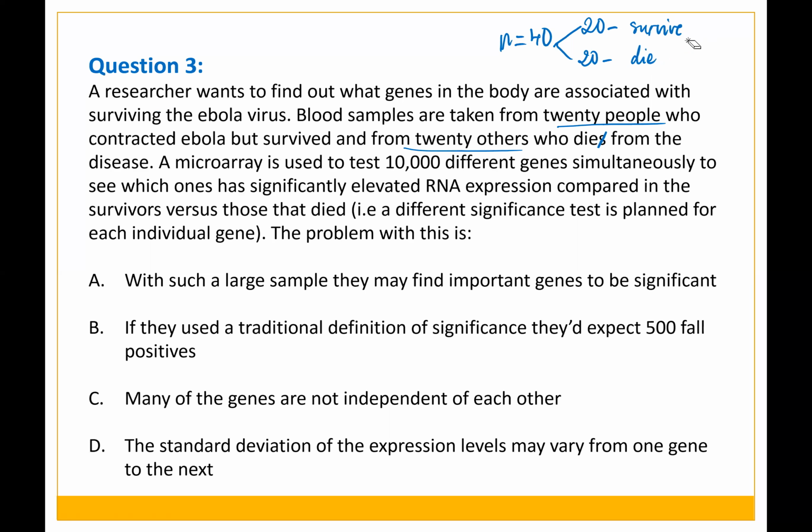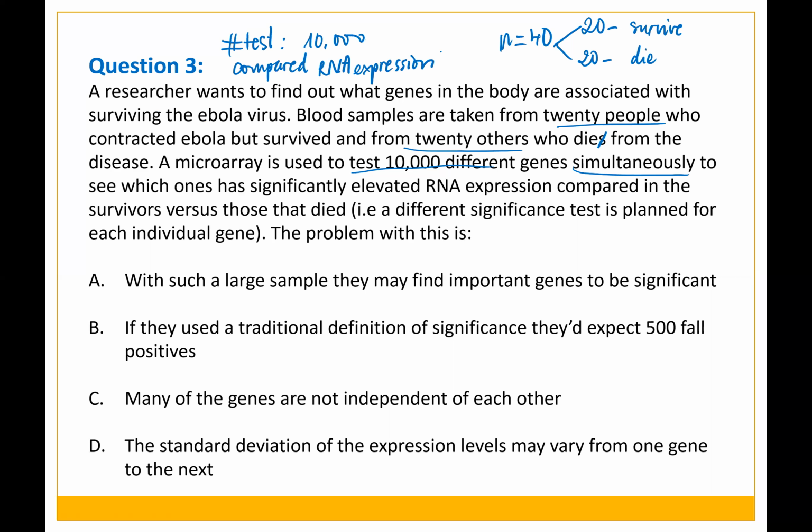Now, we are going to do 10,000 tests simultaneously, so the number of tests is 10,000, comparing the RNA expression of each gene between the two groups.